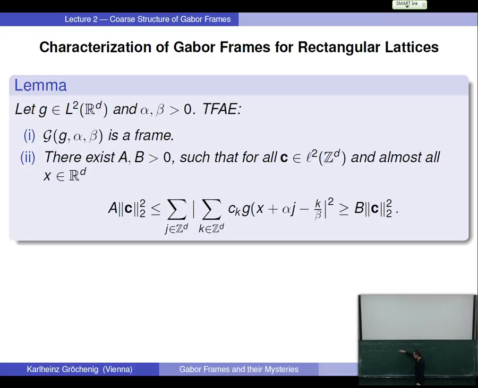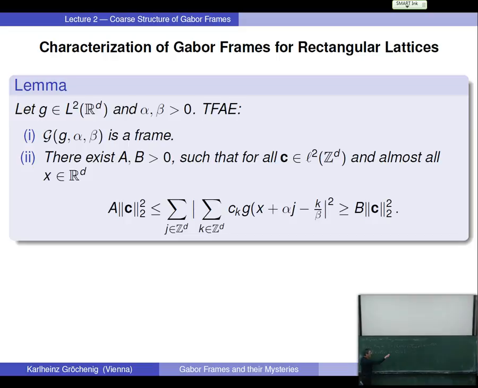So that's equivalent to saying Riesz sequence, or you can take it as a definition. So this means there exists a c in L2 of Λ° such that I can solve this system of equations, delta.